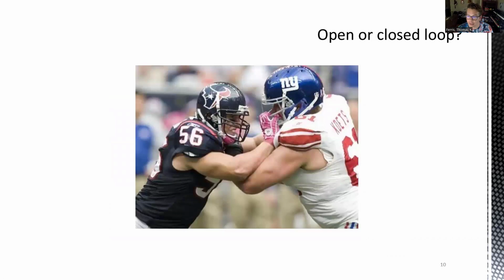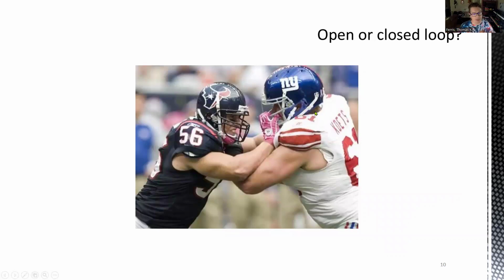Okay. What about, let's assume this is obviously football, but this player wants to get through to get to the quarterback and give him a bad time, and this one does not want him to do that. So think about, for these two, is this open loop or closed loop?